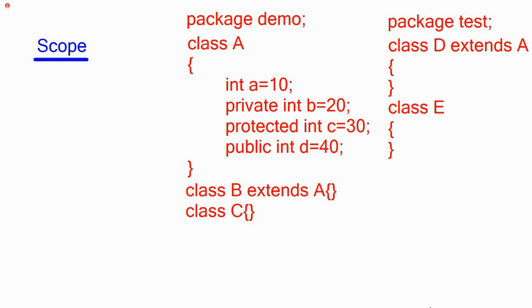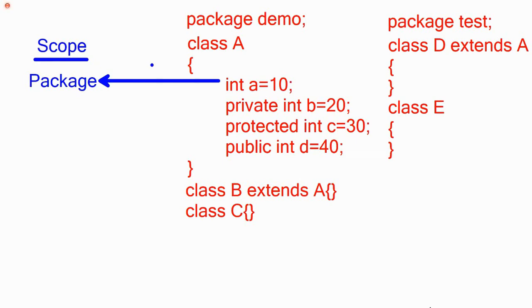A, B, C, D, 4 variables, all are instance variables. Memory is allocated for all variables whenever an object is created, and all variables vanish whenever the object is destroyed. Life is the same, scope is different. To understand scope, only 5 classes are written, in 2 packages. Now, the scope of this variable is package.